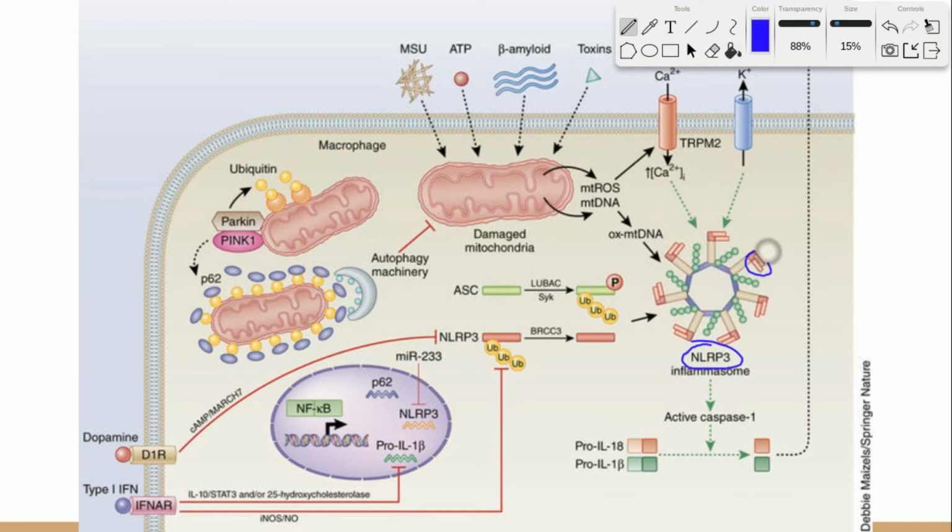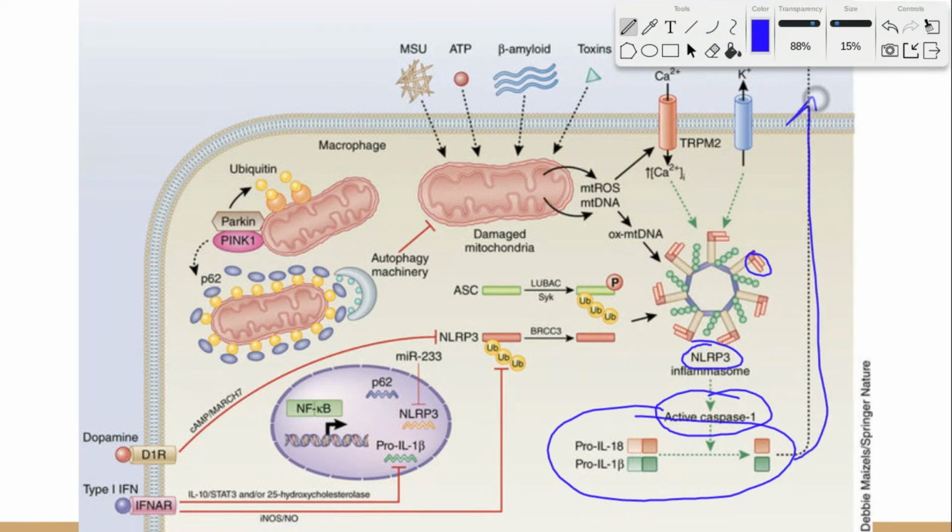So right here, this would be the ASC. And ASC uses a CARD domain, a caspase recruitment domain, to recruit procaspase-1. It recruits procaspase-1 and activates it, and caspase-1 begins cleaving pro-IL-1 beta into activated IL-1 beta, which is then released to cause local inflammation.